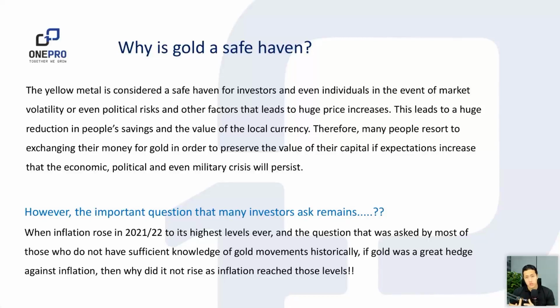However, back in 2021 and 2022, we had record high inflation numbers in the US, Europe, and let's say Britain, UK, and nearly everywhere in the world. The US basically saw inflation numbers that were the highest in 4 decades, or more than 40 years. The same applied in Europe.